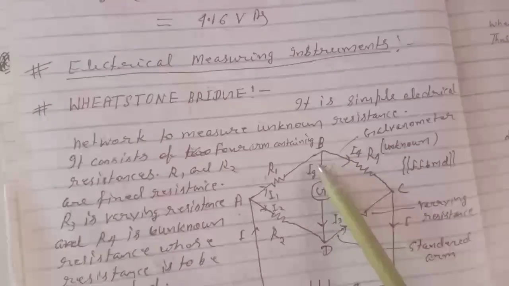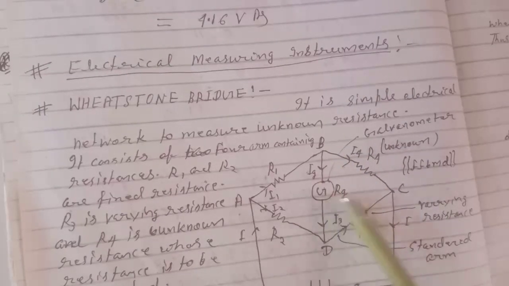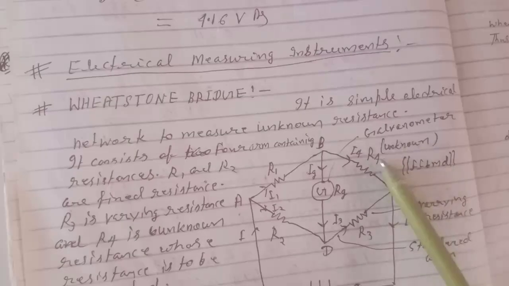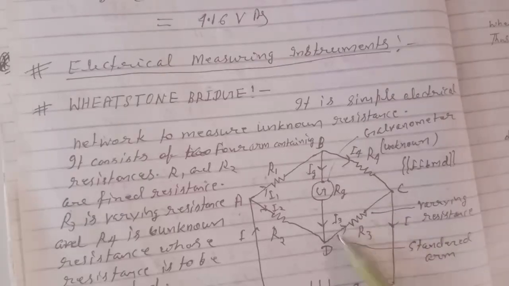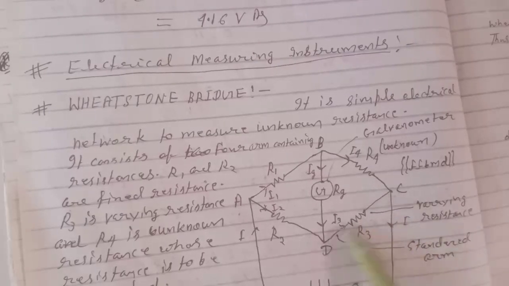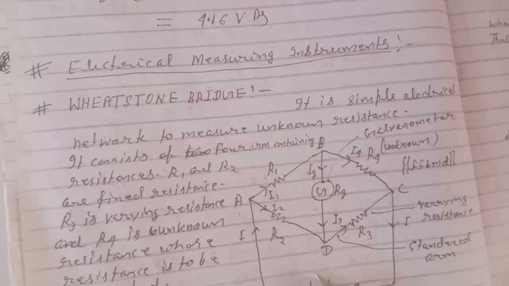In this circuit, from B to D, a galvanometer is connected, whose resistance is Rg, and R4 is unknown, so we have to calculate the value of R4. The varying resistance is also called a standard arm. This arm is called a standard arm, in which the varying resistance is connected, and this is a battery, and this is a key to run the current.